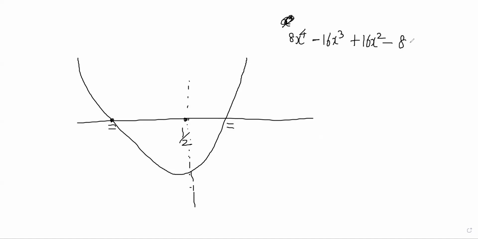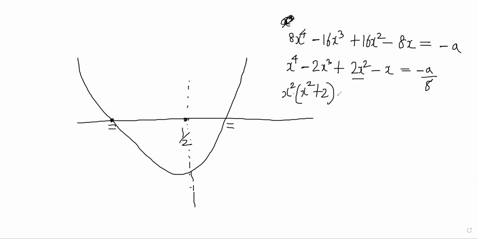Yeah, divided by 8 on both sides. We can say that this is x square common, x square plus 2, minus 2x minus x common.